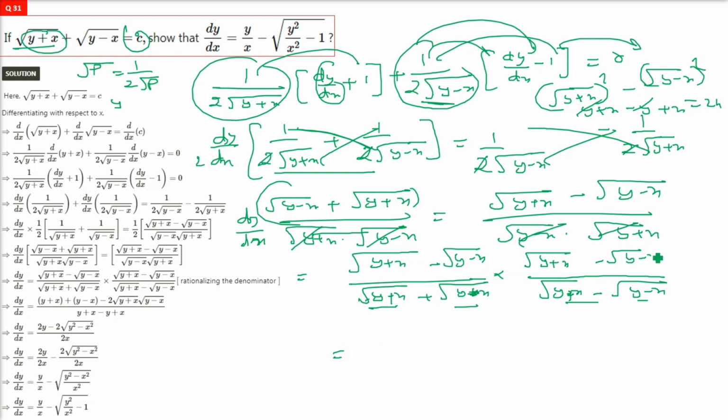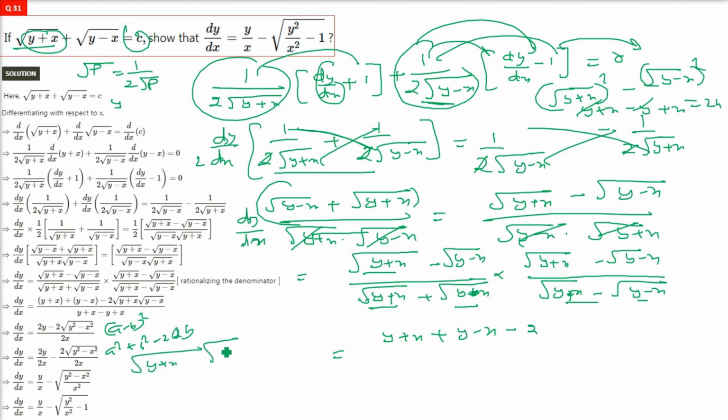And a minus b and a minus b, so the numerator will be a minus b whole square. A minus b whole square is a square plus b square minus 2ab. A square, you can just remove the root. So y plus x plus y minus x minus twice of under root y plus x into y minus x.